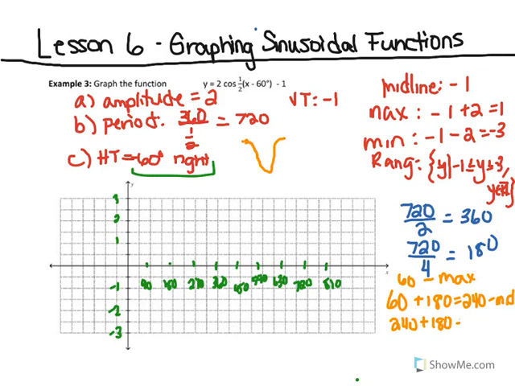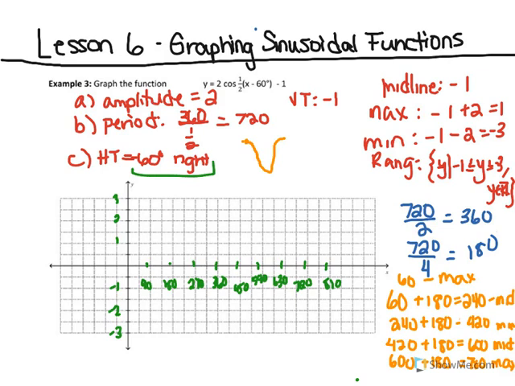And that will be our minimum. And then when we take 420 and add 180, we get 600, and this is going to be our midline again. And our last one would be 600 plus 180, which is 780, and that would be our maximum again.